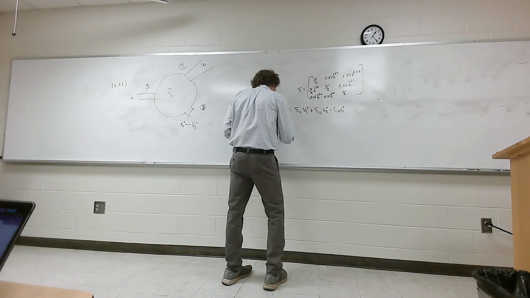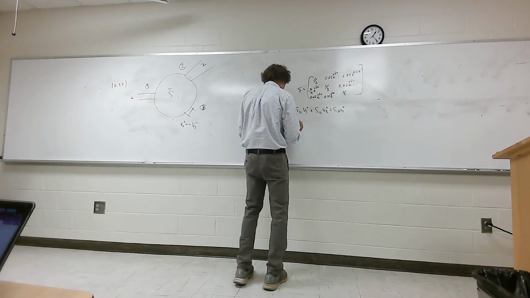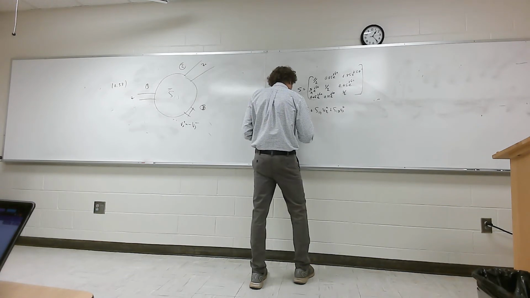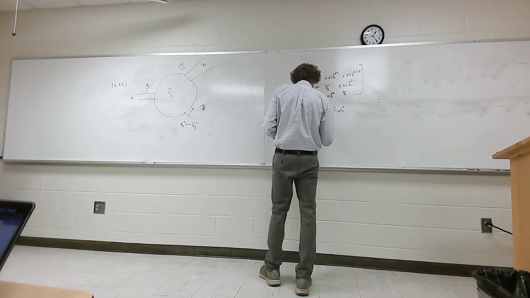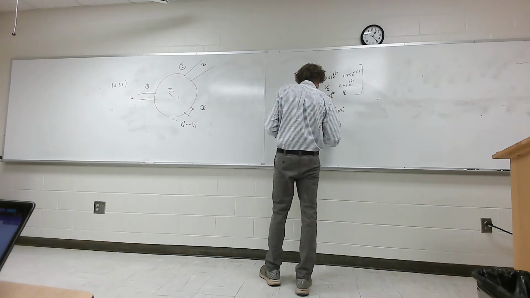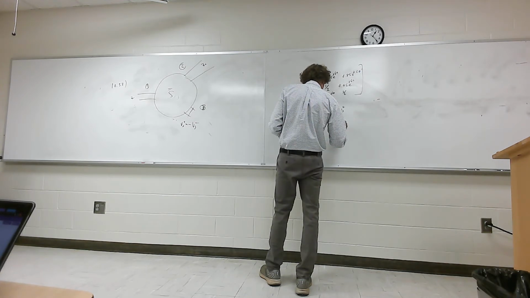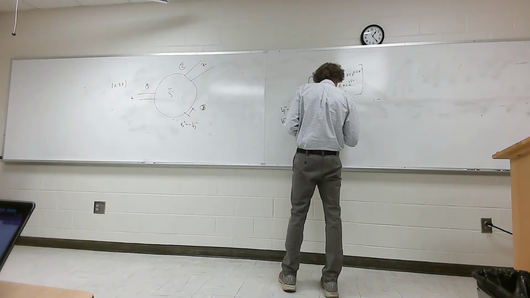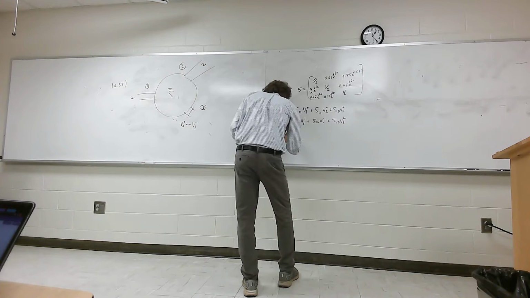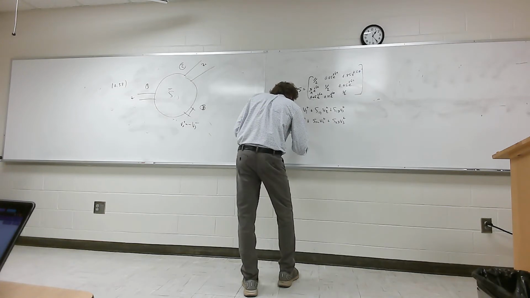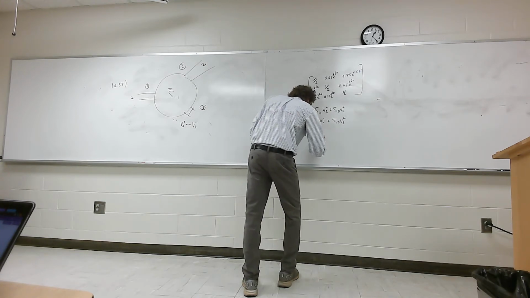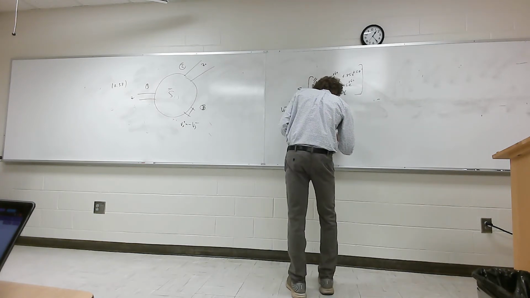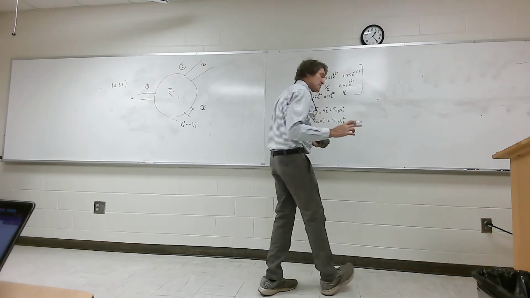Then we have V2 minus is equal to S21 V1 plus S22 V2 plus S23 V3 plus, and then V3 minus is equal to S31 V1 plus S32 V2 plus S33 V3 plus.